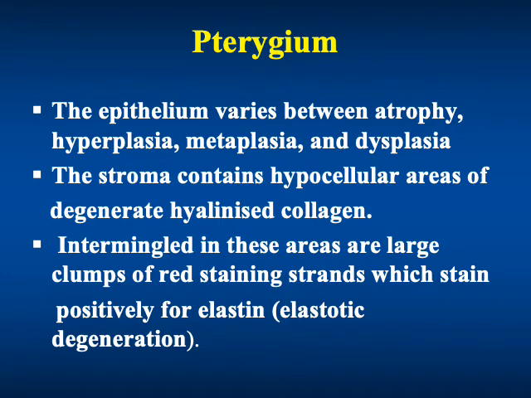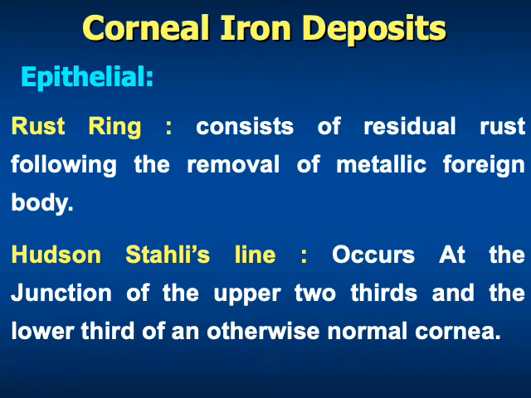One of the important subjects to talk about in the cornea is corneal iron deposits. The corneal iron deposits may be epithelial, like in rust rings, which consist of residual rust following the removal of a metallic foreign body, or the Hudson-Stahli line, which occurs at the junction of the upper two thirds and the lower third of a normal cornea.